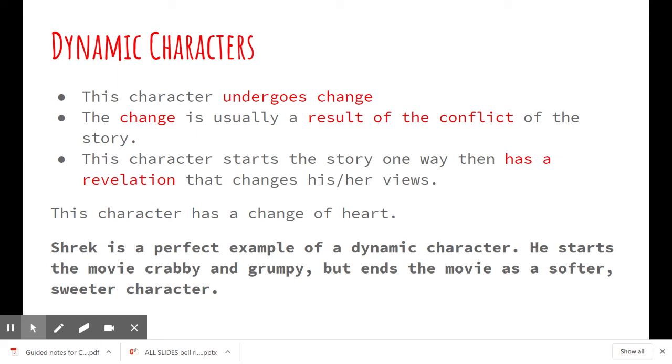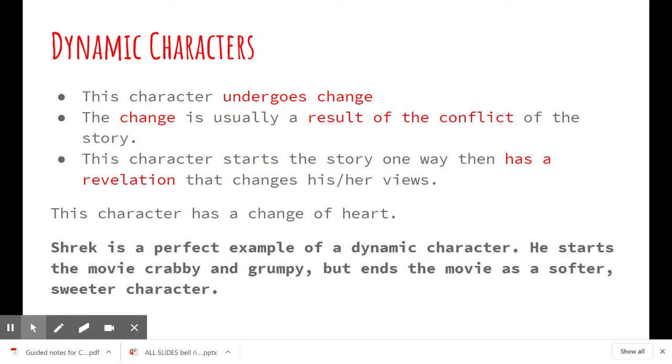Not always does the main character go through a huge change and become different than they were in the beginning of the story. Okay, Shrek from the Shrek movies is an example of a dynamic character. He's kind of grouchy and doesn't like people and kind of hard to get along with. But then towards the end of the movie, he has kind of softened his exterior. Okay, he's got a family and he's playing with them. And at the beginning of the movie, he's just like total grump.